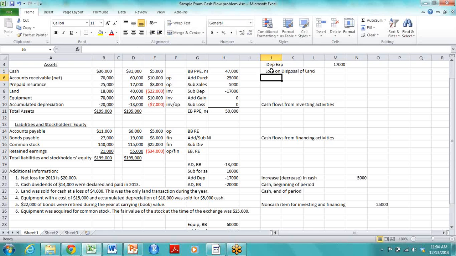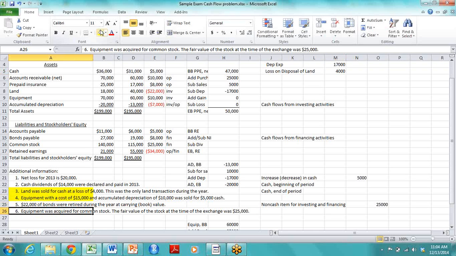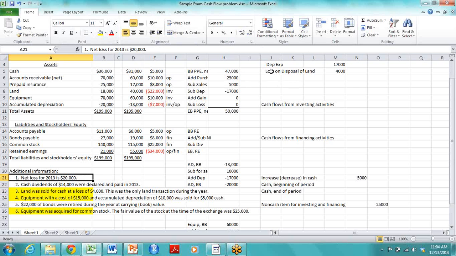And because it's a loss, we're going to add that back for $4,000. So here we've covered 3, 4, and 6. And I think that's it in terms of the non-cash items that impact the income statement.